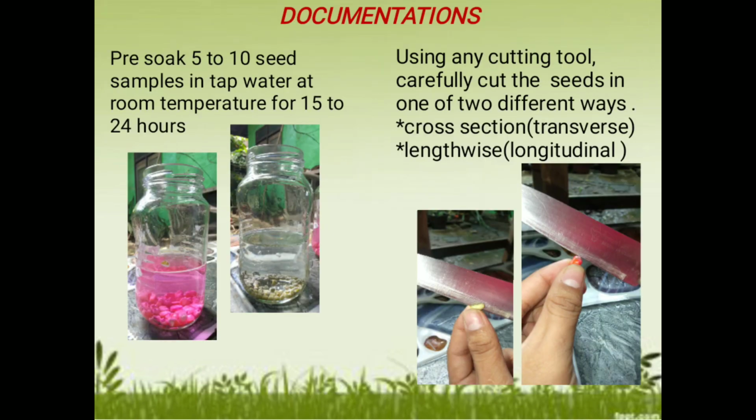Then last is the documentation. First step is to pre-soak 5 to 10 seed samples in tap water at room temperature for 15 to 24 hours. Next, using any cutting tool, carefully cut the seeds in one of 2 different ways. First is the cross-section or transverse, and the second is lengthwise or longitudinal.